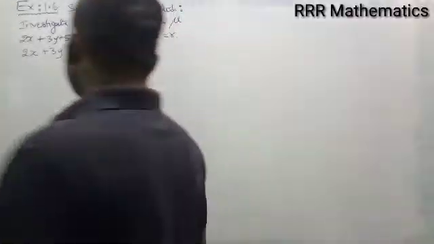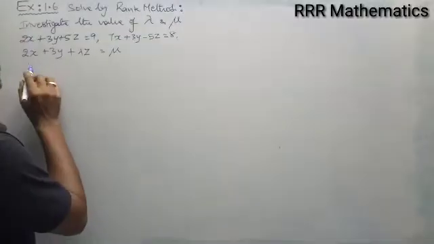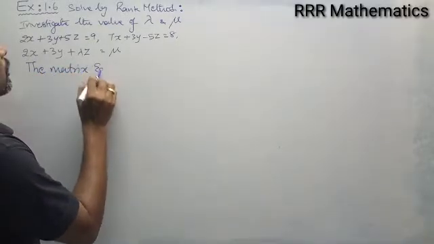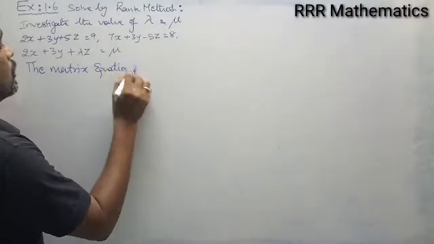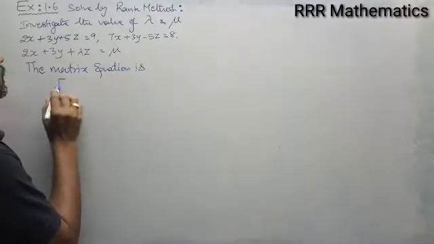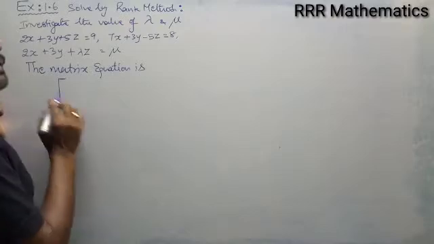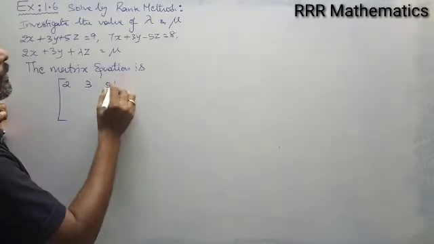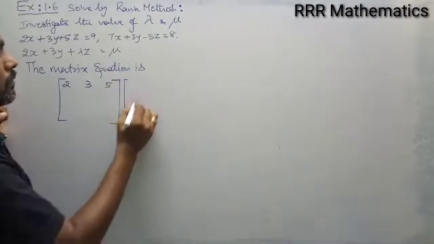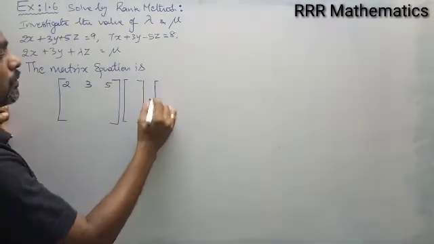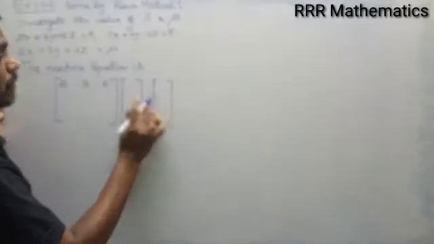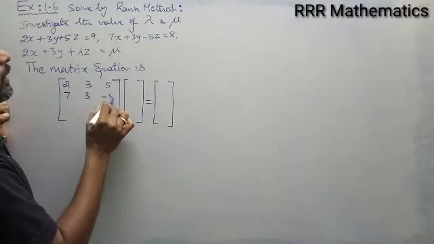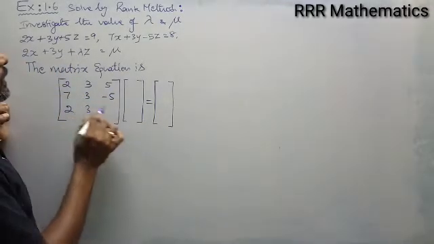Okay, by using rank method, the very first step is the matrix equation. Write the coefficient of x, y, z in order: 2, 3, 5; from here 7, 3, minus 5; from the last equation 2, 3, lambda.